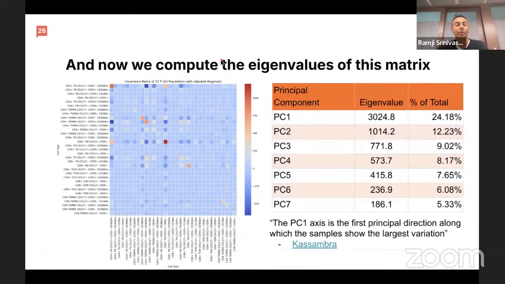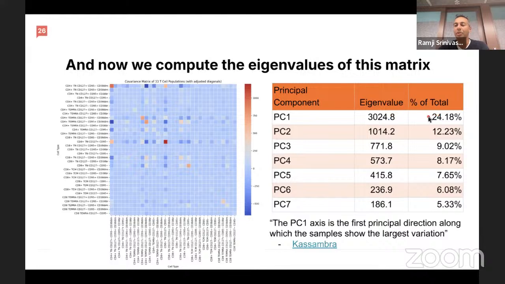So now we're going to compute the eigenvalues of this matrix. Eigenvalues are a very complex term, and we're not going to go into the entire derivation here. But from this big matrix, you get all the individual principal components here, and then individual eigenvalues. So eigenvalue 1 is 3024.8. That's 24% of the total variation. This is computed by taking 3024 and dividing by the sum of this entire column to get 24%.